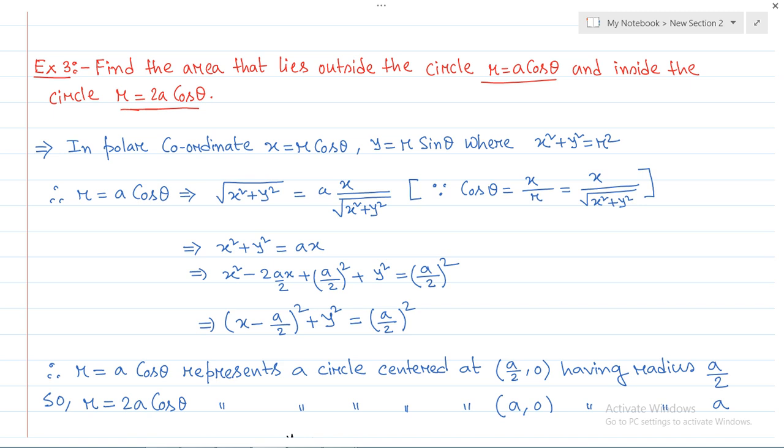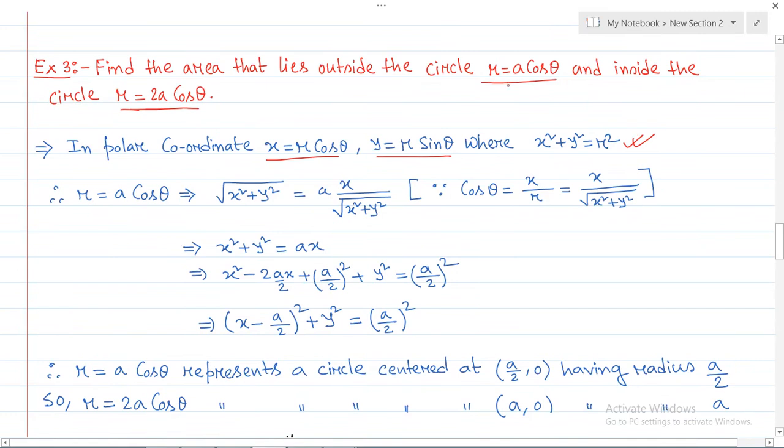So let us try to understand how to draw the circle r equals a cos theta in the polar coordinate system. We know that in the polar coordinate system, the relation between the Cartesian x, y and r, theta is x equal to r cos theta, y equal to r sin theta, where x square plus y square is going to be r square.